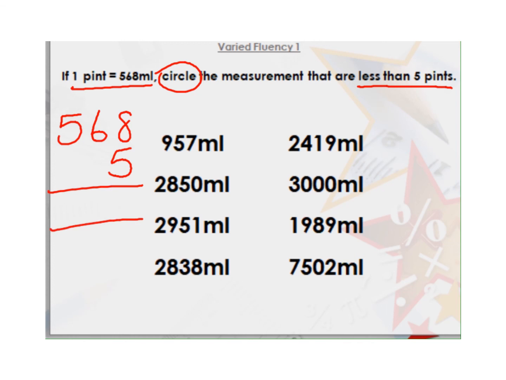You do 8 times 5 is 40, so 0 and then carry the 4. 6 times 5 is 30, plus 4, 34. So it's not 4 tens, it's 4 ones. So 4 and then carry the 3. And 5 times 5 is 25, plus 3 is 28. So your answer is 2,840.